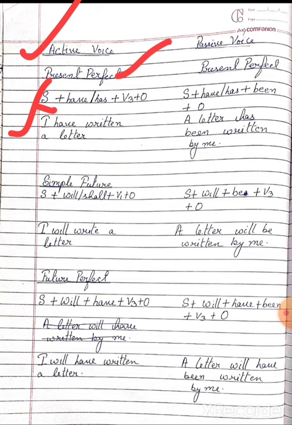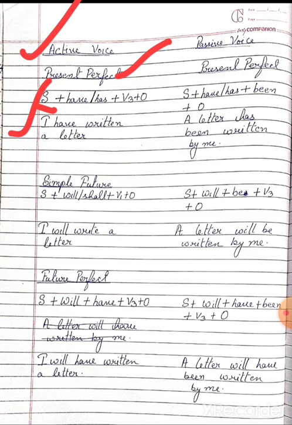Now we have to change this sentence into passive voice. In passive voice, we will first change the object of the active voice to the subject in the passive voice. We will bring it before the sentence.